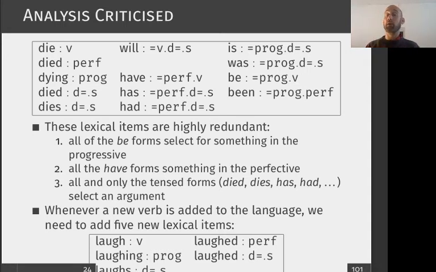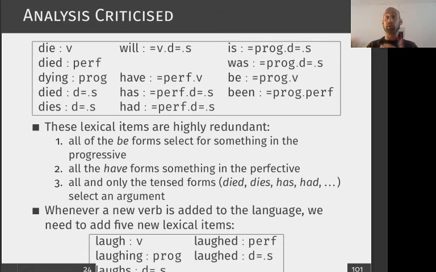So this is a redundant analysis, or an analysis that doesn't capture generalizations. It misses generalizations. And the fact that it misses generalizations is beyond just our intuitive feelings about aesthetics. It manifests itself in the fact that in order to extend our analysis, we have to add a whole bunch of new things. So as we extend our analysis, our lexicon grows, not in a simple way.